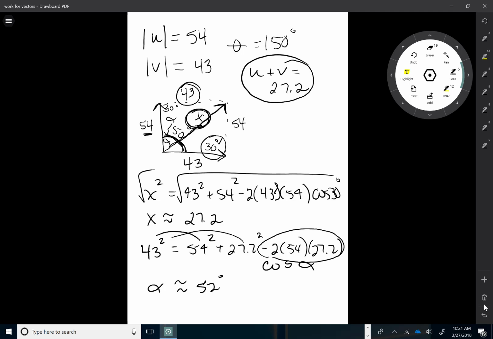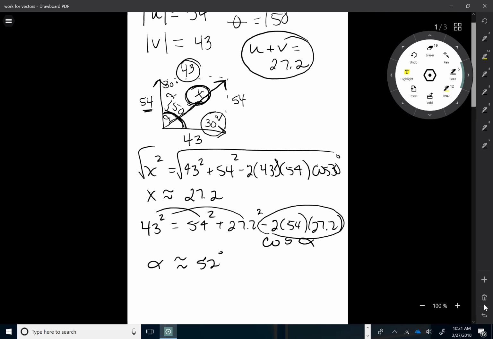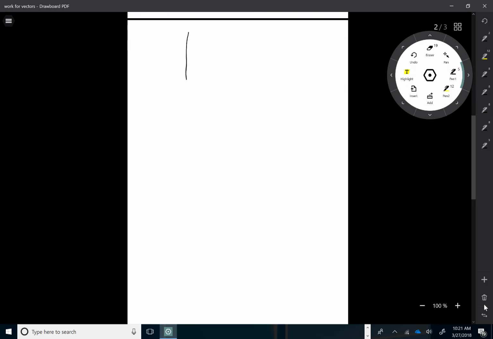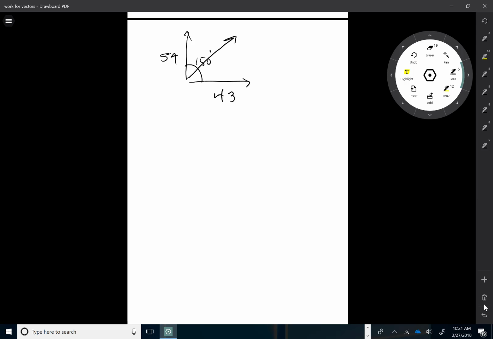Now, if we look at it through using triangles, and keep in mind this is the drawing that we had before. So we had 54, 43, and we knew that this angle was 150 degrees. When you add them using triangles, you have to put them, I like to call it head to toe, but you put the initial value of one and you put the two together that way.